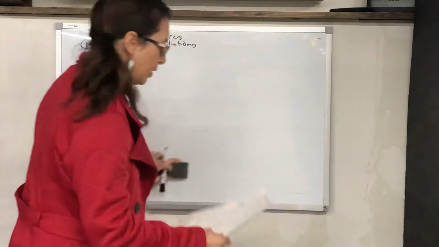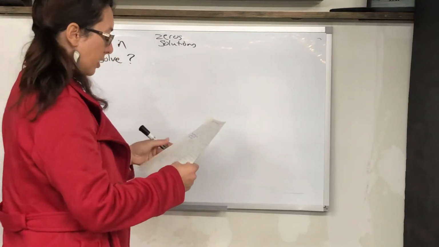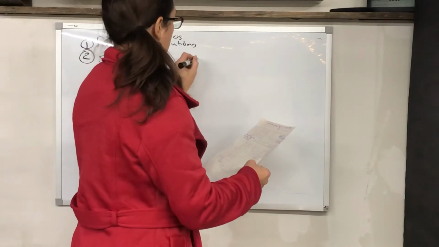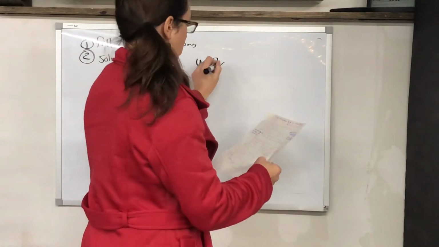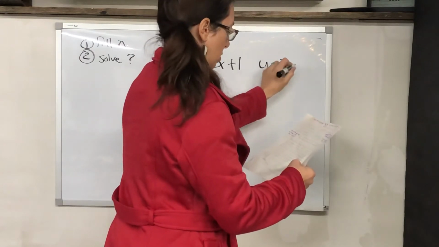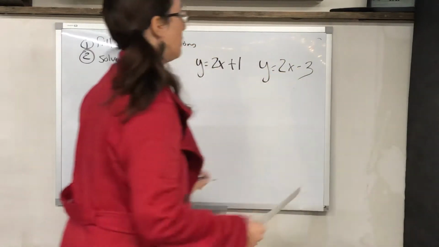So if we've got two different equations, let's look at the equations y equals 2x plus 1 and y equals 2x minus 3.